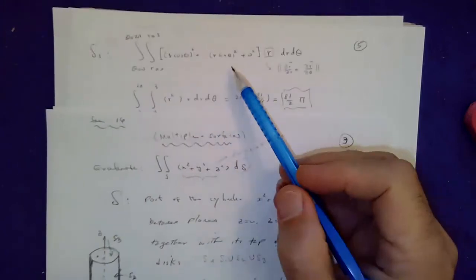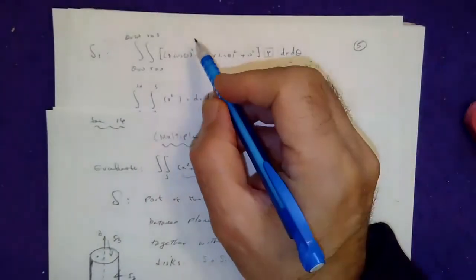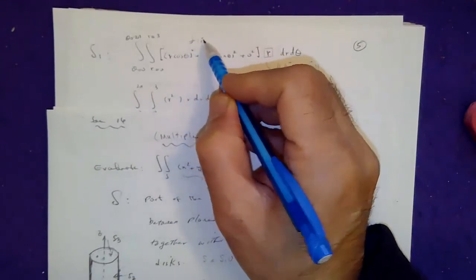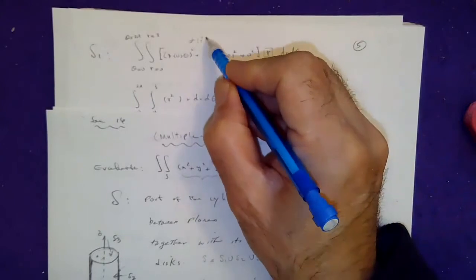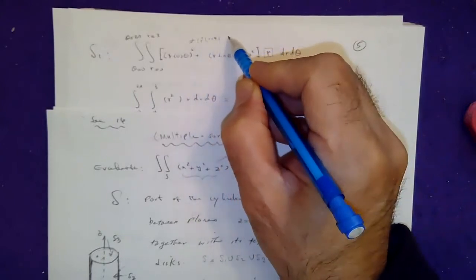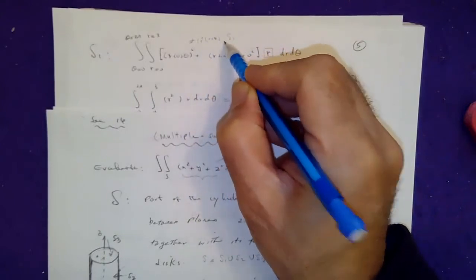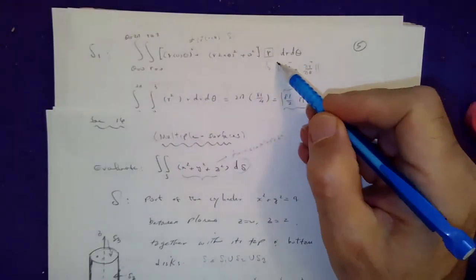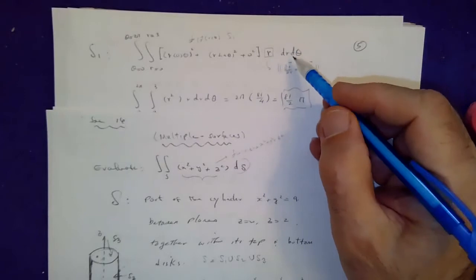So this is where I'm getting that. So this is the function expressed in terms of r and theta for S1. This is the magnitude, which we found from the previous page.